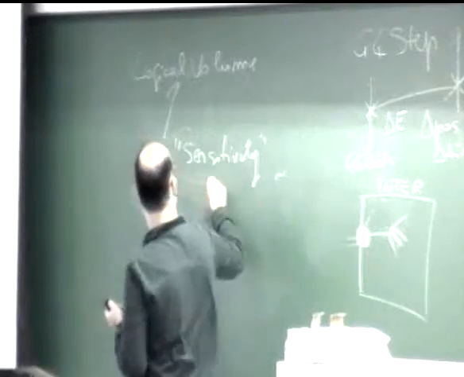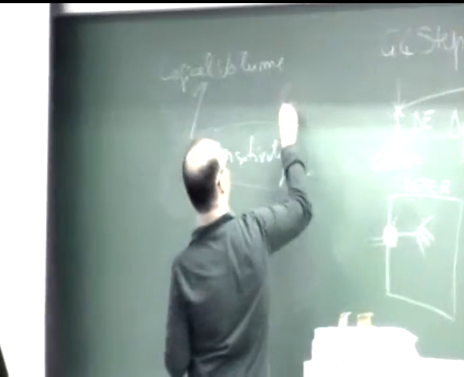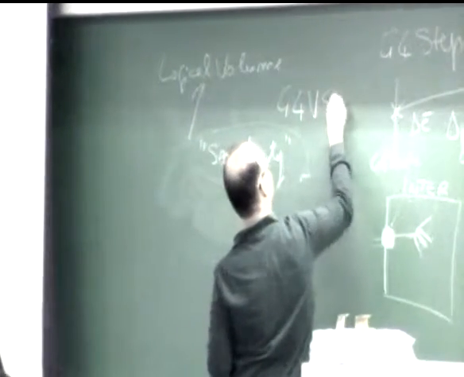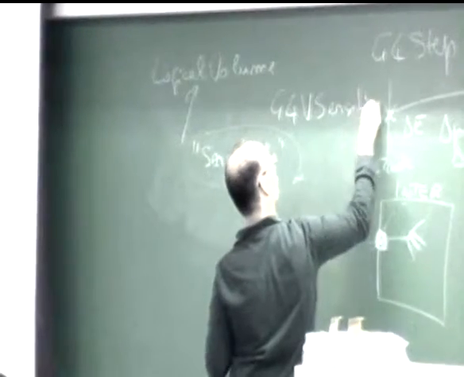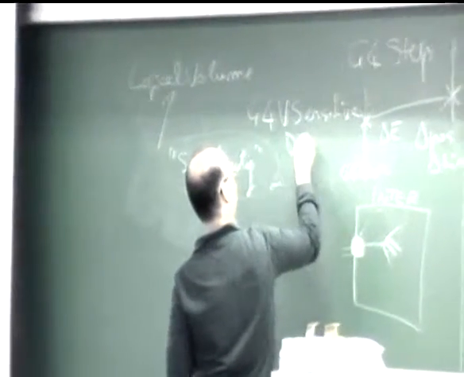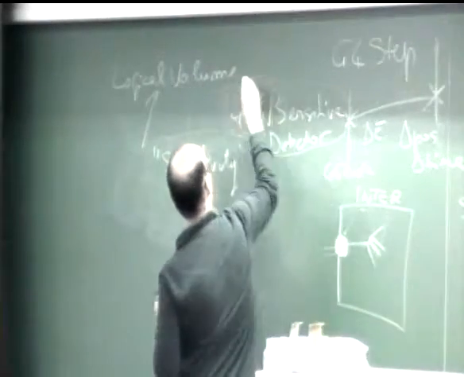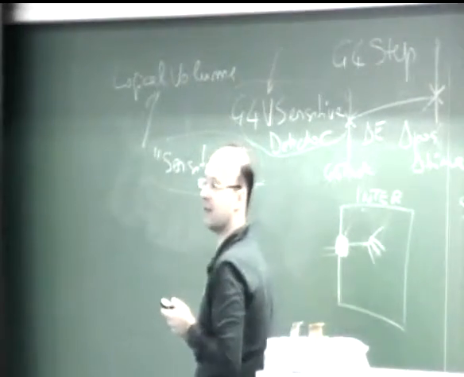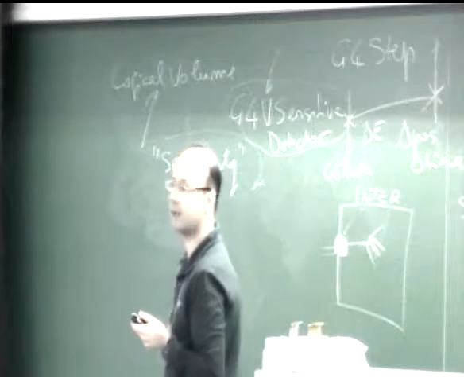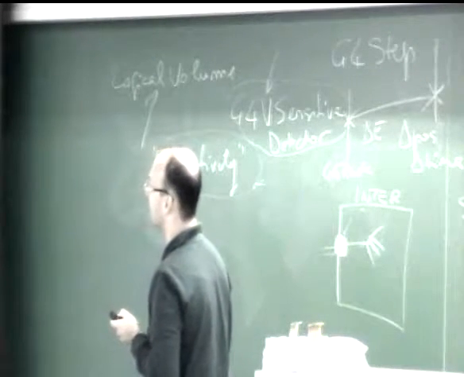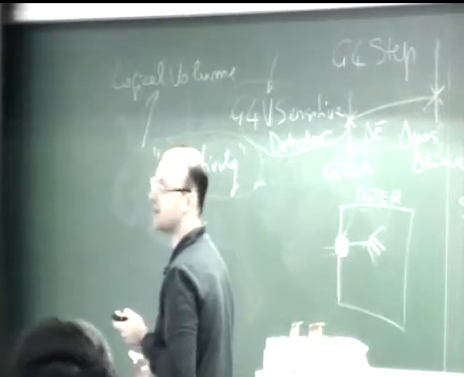From a technical point of view, sensitivity means a pointer to a G4VSensitiveDetector. Here you see that V, so it means that it is a virtual base class. So it means that the sensitivity has to be implemented by yourself.